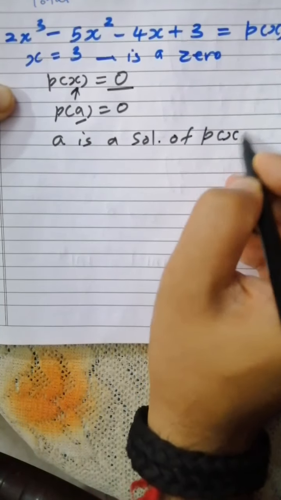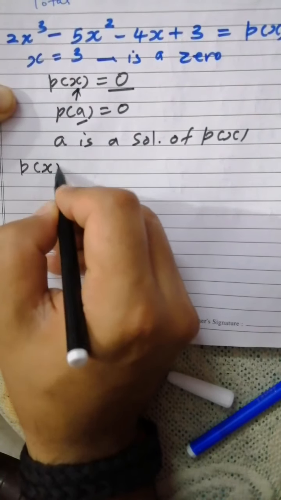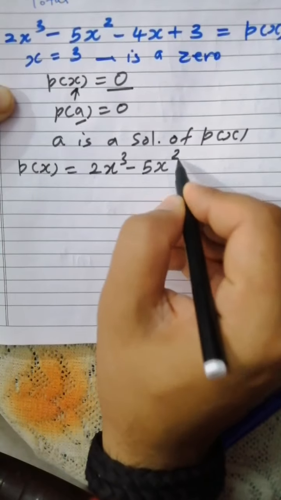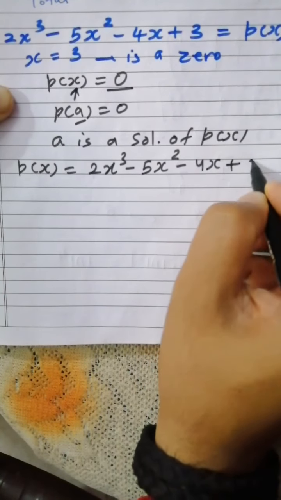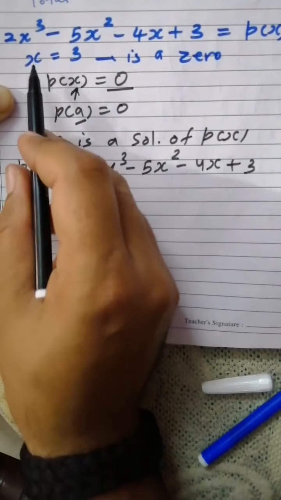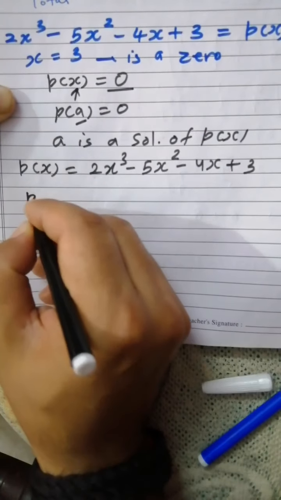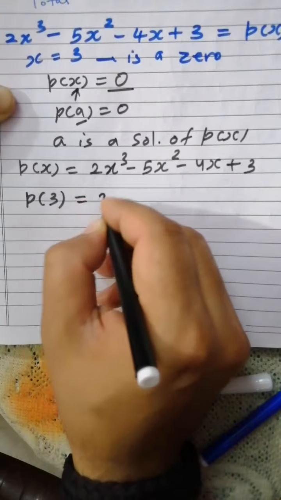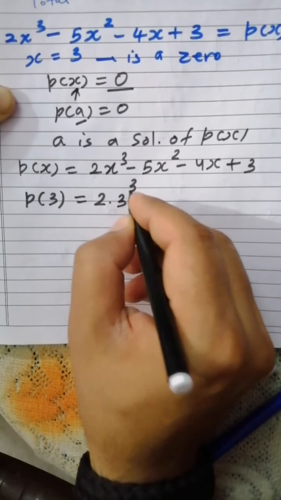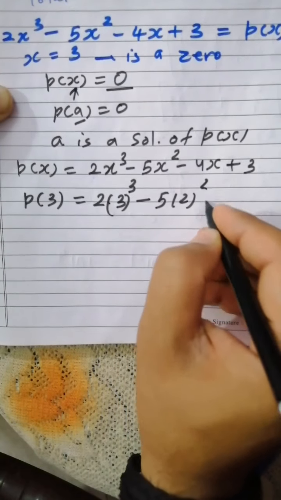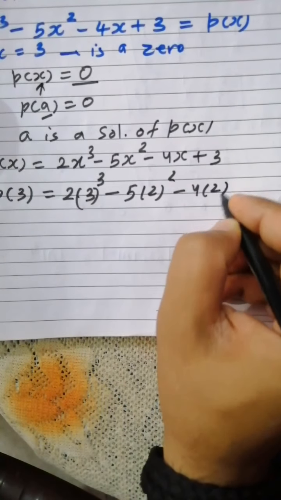p(x). So now here it is given p(x) equals 2x cube minus 5x square minus 4x plus 3, and here we have to check whether x equals 3 is a root of this polynomial or not. So firstly we will write p(3) equals 2 into 3 cube minus 5 into 3 square minus 4 into 3 plus 3.